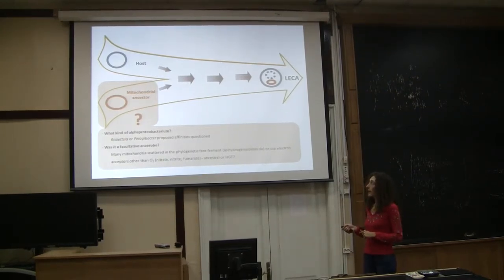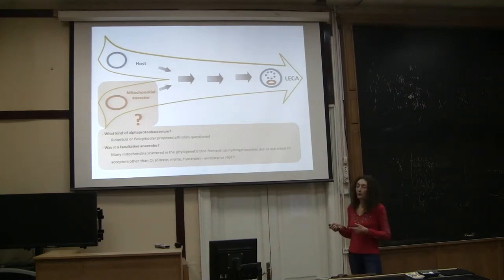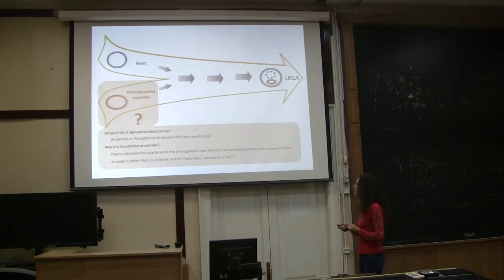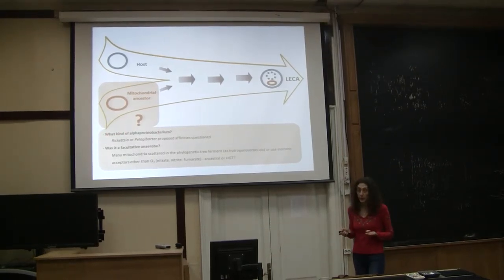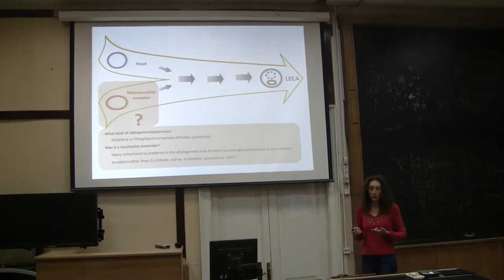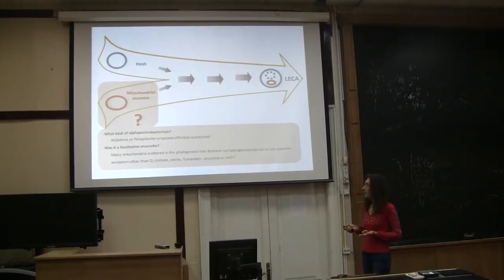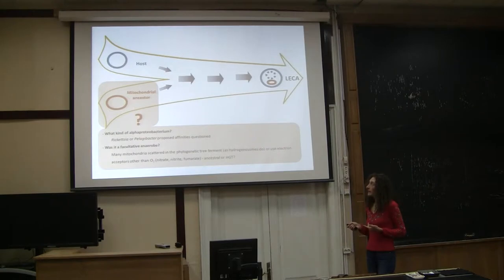Some people have linked mitochondria to the Rickettsiales, which are intracellular parasites infecting many kinds of organisms, including amoeba, for instance, or to the free-living bacterium Pelagibacter, which is a cosmopolitan organism in oceans. It is free-living, but also has a reduced genome.